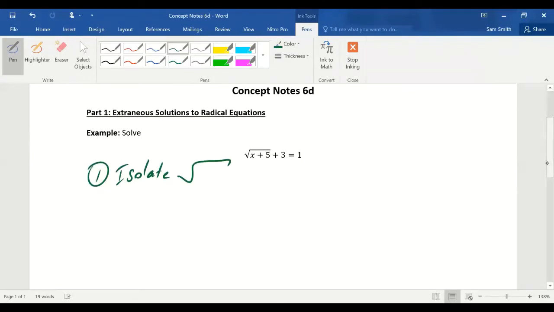Looking on the left-hand side here, the square root of x plus 5 is living on the left-hand side with a plus 3, which is outside of the root. So first things first, let's get rid of that plus 3 by subtracting 3 from both sides. The result of that, the square root of x plus 5 will be all by itself, and then 1 minus 3 will become negative 2 on the right.